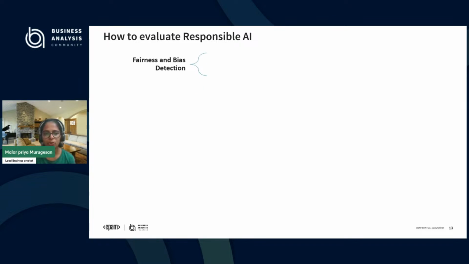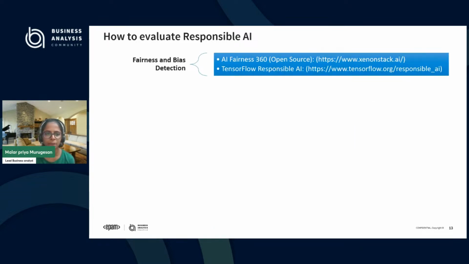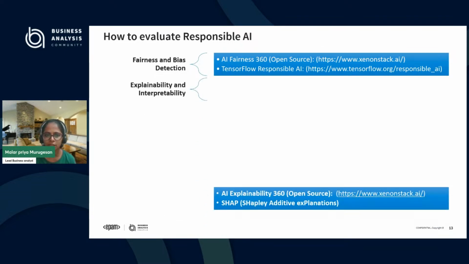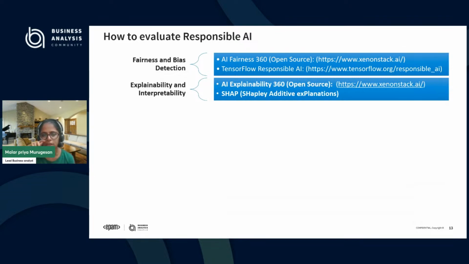So these are basic HAX principles you need to follow whenever you are developing an AI model, right? And moving on to how to evaluate responsible AI. For evaluating fairness, there is the AI Fairness 360 tool, and TensorFlow Responsible AI is available, which will give you the evaluation of whether your model is fair and bias free, etc. And for explainability and interpretability, there are different tools available: open source AI Explainability 360 and SHAP.